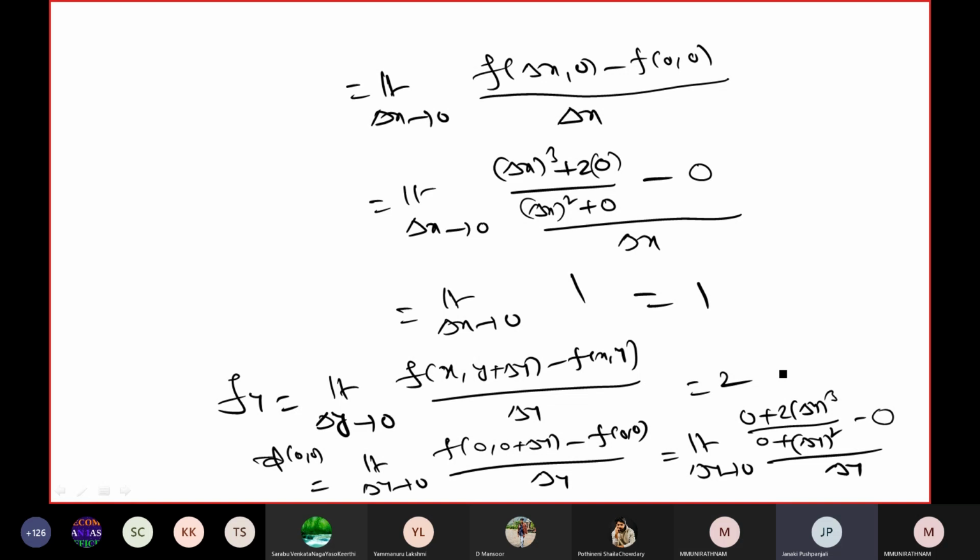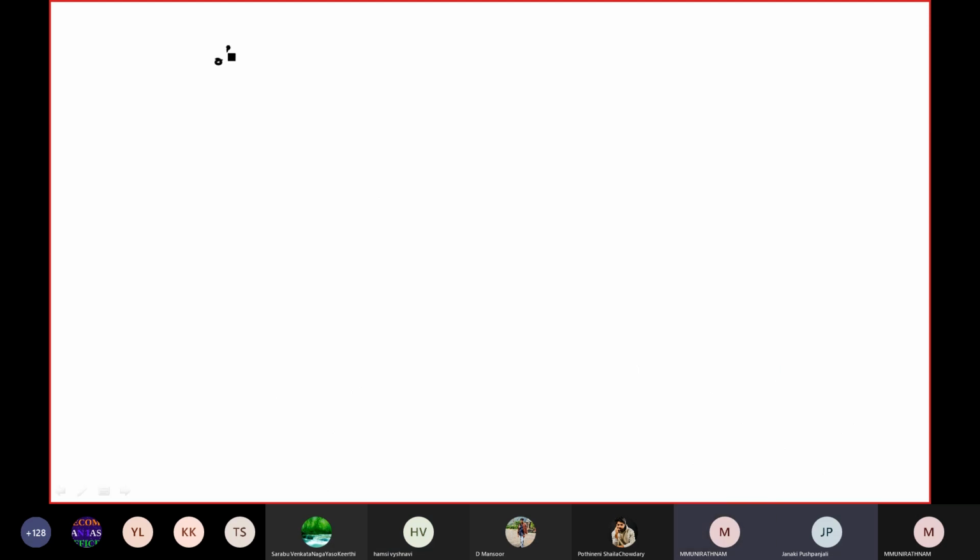Delta x plus 2 delta y. Very good. So dz equals fx delta x plus fy delta y. Fx is 1 and fy is 2.